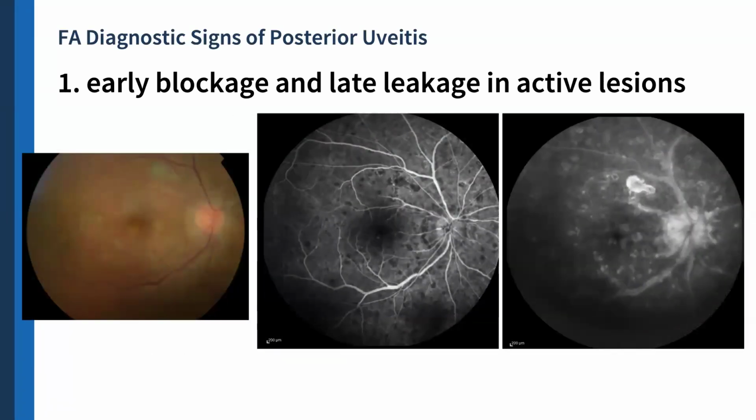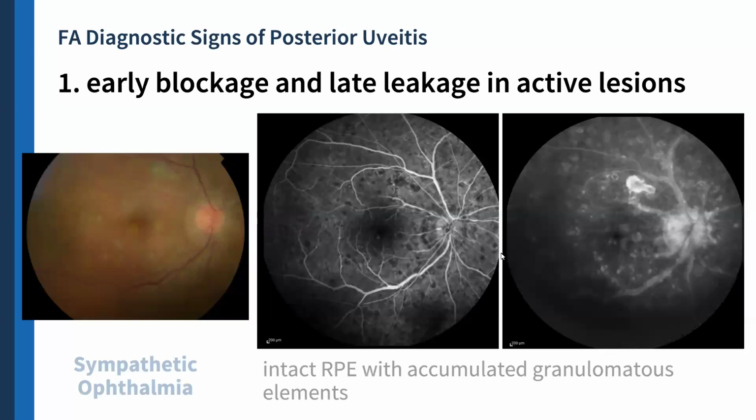So last picture, showing, very hindi masyadong obvious, but there are discrete hypopigmented subretinal lesions all over the posterior pole involving the macula as well. And then on FA, it's the same pattern. The lesions that you see on the fundus photo appear hypofluorescent in the early films, and then on later films they suddenly become hyperfluorescent.